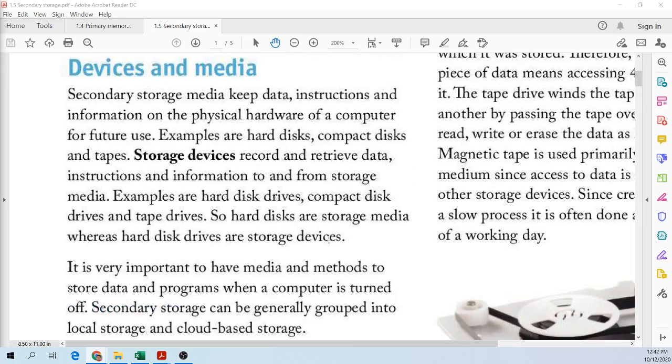Now let's look at devices and media. Sharmani, can you read for us? Rambarose?